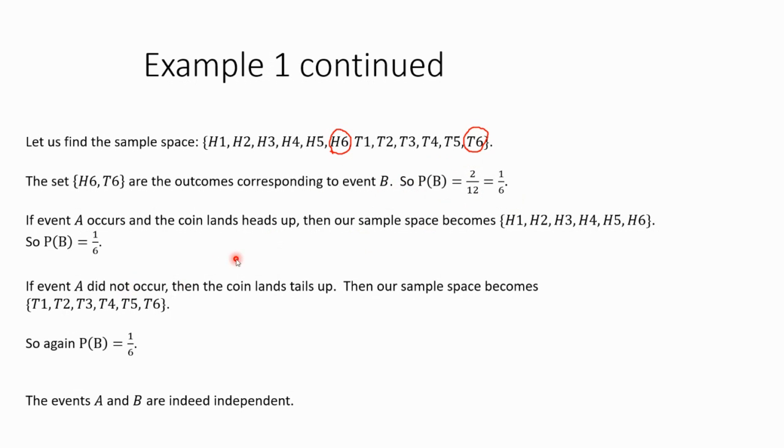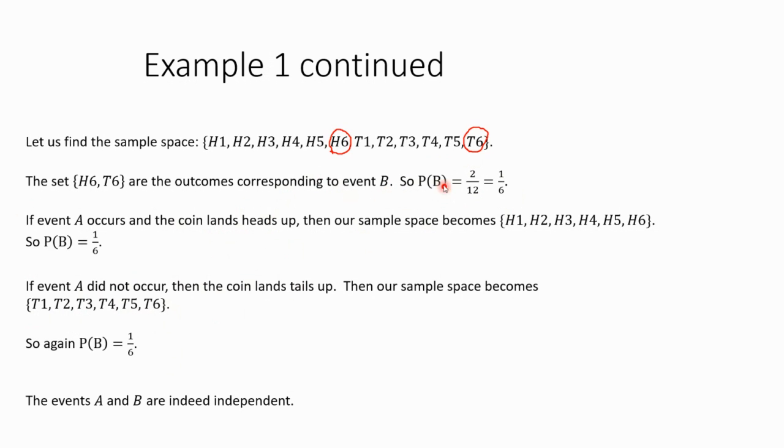So we're solving it this way. But let's say A did not occur. We're trying to show again that A and B are independent. What if we said, well, A did not occur? We were wrong. The coin landed tails up. We're basically trying to see if the events A and B are independent. We found event B and got its probability.